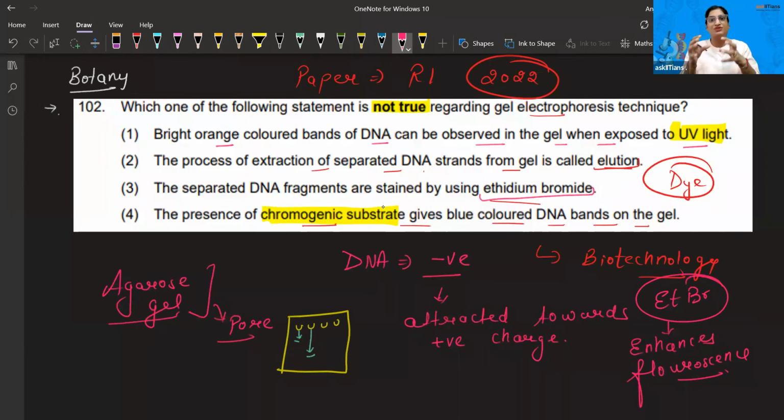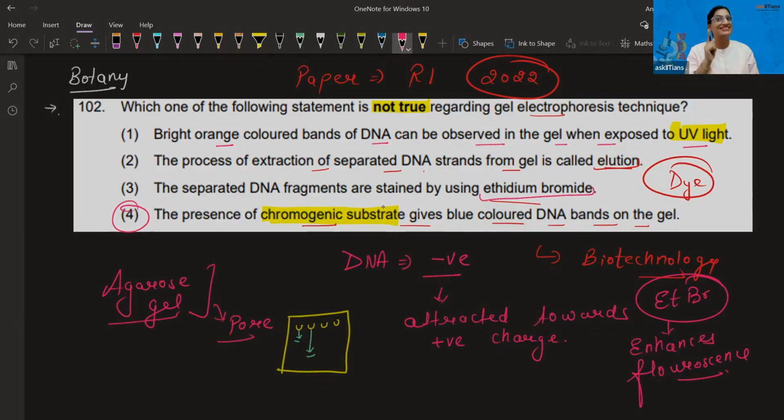So a chromogenic substrate is also a colored substance, but it is interfering, so it has a different mechanism to work. We do not use it for DNA, because we use it only in enzymatic experiments. You can read about it. That makes the fourth option not true, because chromogenic substrate has a totally different meaning, used in enzymatic reactions. Thank you so much. We are done with this question, but stay connected.